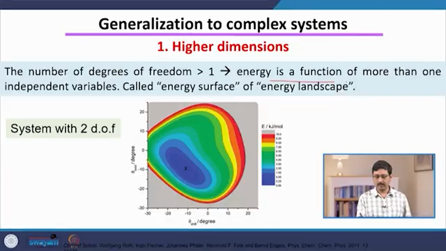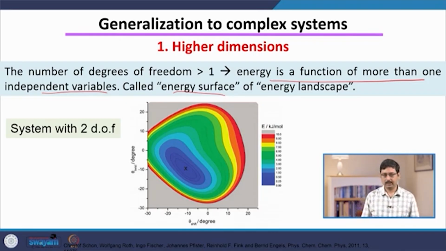In this case, the potential energy is a function of more than 1 independent variable, and hence it is called an energy surface if the number of variables is 2, and if the number of variables is 3, then it is called an energy landscape.